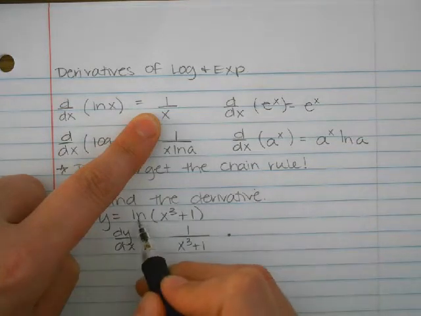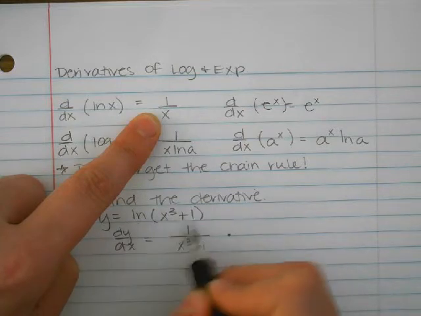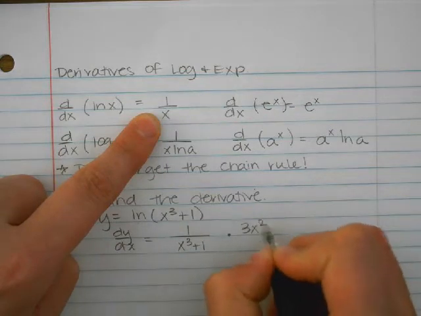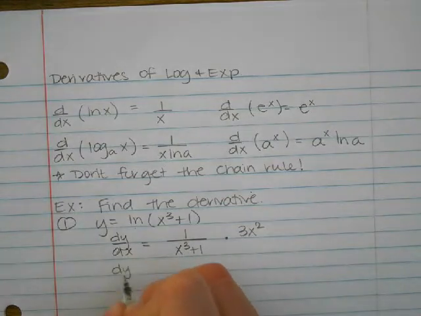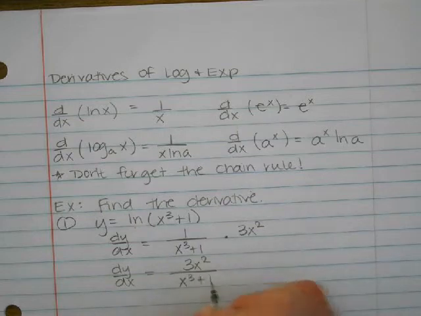So the outside function is the ln x, so I get 1 over x. The inside function is this stuff, and the derivative of that would be 3x squared. And then of course I want to simplify this if I can. And so the derivative is 3x squared over x to the third plus 1.